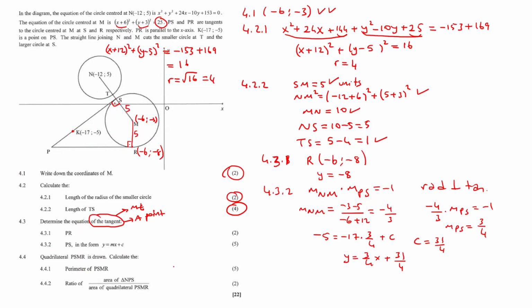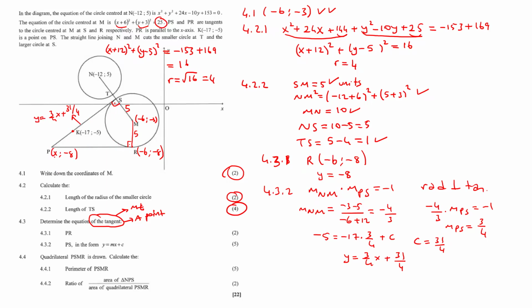Okay, we just need to find out the length of PR and PS. So since this PR is parallel to x-axis, x coordinate is unknown, but y coordinate will be negative 8. Okay, because it's a straight line which is parallel to x-axis. And we just found out equation of this line as 3 over 4x plus 31 over 4.